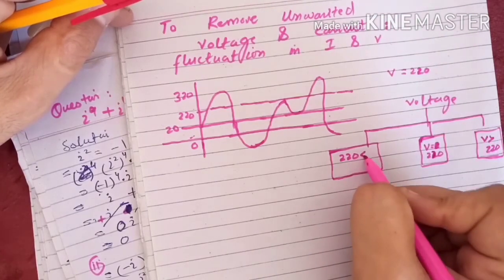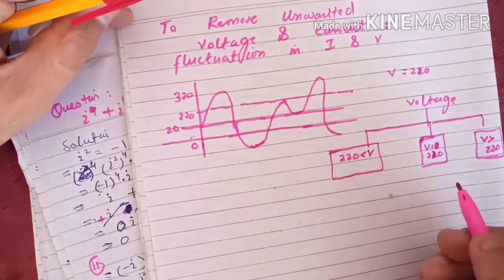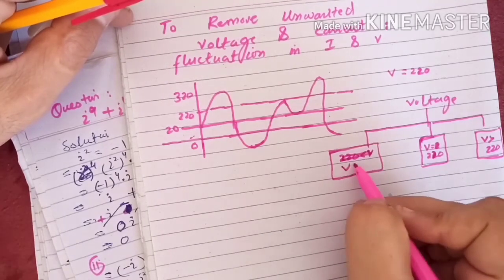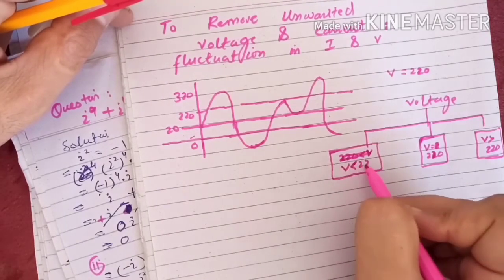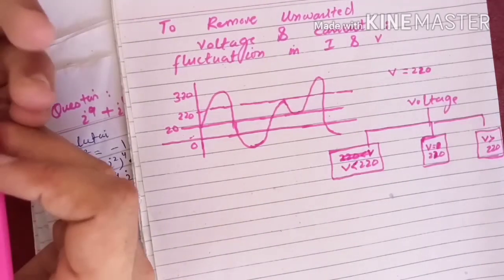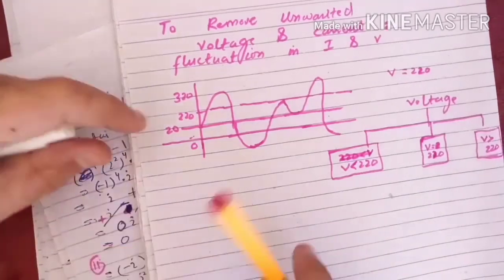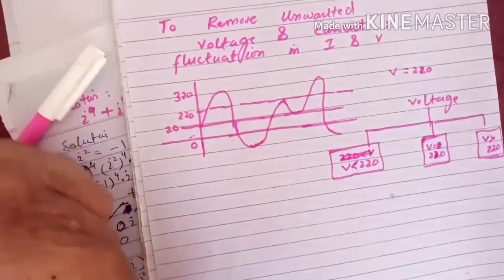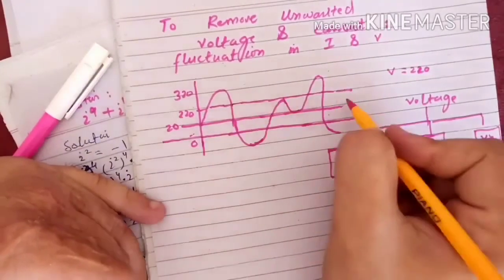If greater than 220 volt, this option will be implemented. If less than 220 volt, this option will be implemented, and if equal to, then the central arrow option will be implemented. Everything is written over there.